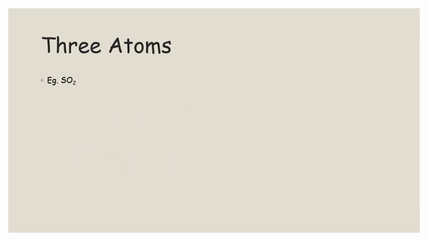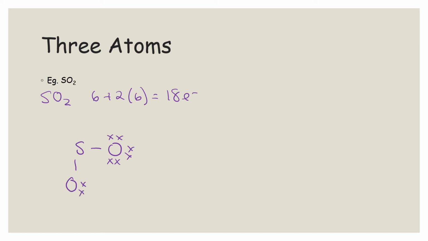Our last example is sulfur dioxide. Sulfur dioxide has 6 electrons for sulfur plus 2 times 6 is 12, so it is 18 electrons in total. The central atom is sulfur. Complete the octets for the outer atoms. Check your electron count: 2, 4, 6, 8, 10, 12, 14, 16.